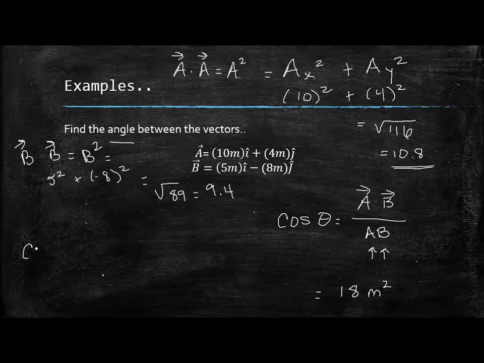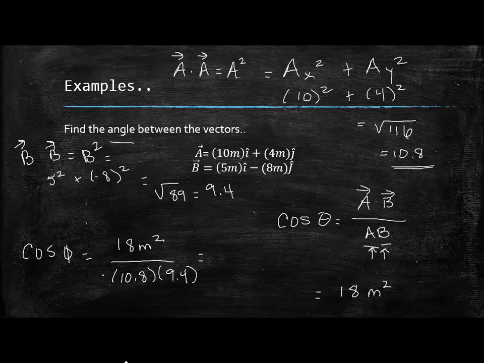So now we have cosine theta. We're going to use this expression right here. Dot product, which is 18 meters squared, over the magnitude of A times the magnitude of B. So magnitude of A is 10.8, magnitude of B is 9.4. That gets us, let me do this real fast in my calculator.